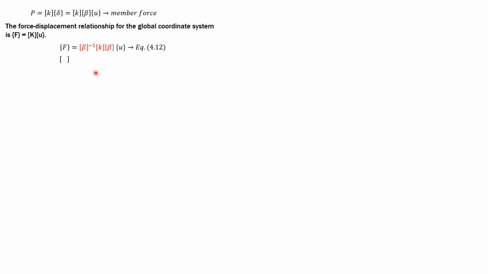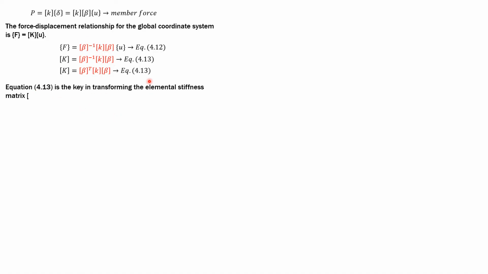Replacing the inverse of beta by beta transpose, capital K is also beta transpose times K times the beta matrix. So the global forces are written as capital K global times u global.